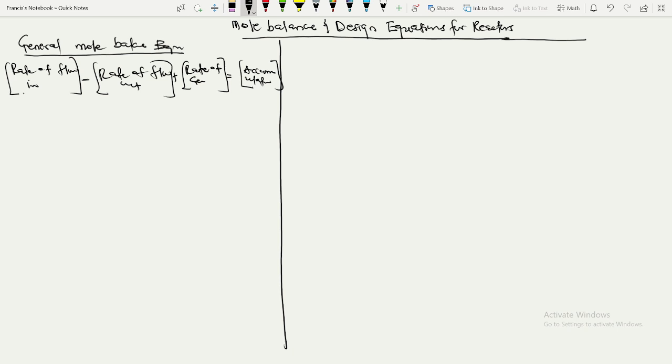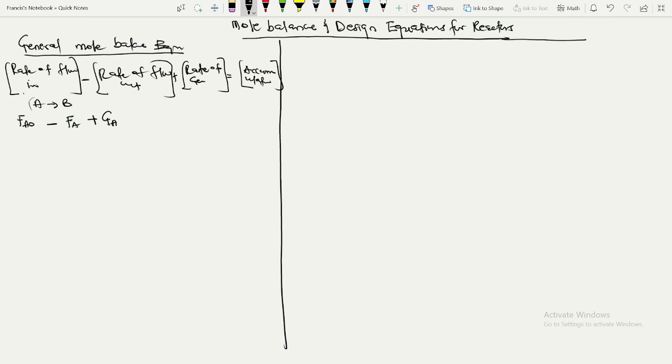So anytime we have any reaction, so A going into B, the mole balance is for the reactants, right? So FA naught is representing the inflow, or the rate of flow of A into the reactor, minus the rate of flow out, which will be FA, plus G, which is representing the rate of generation.